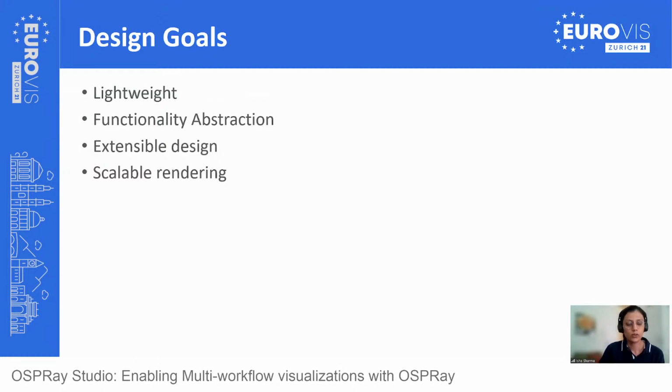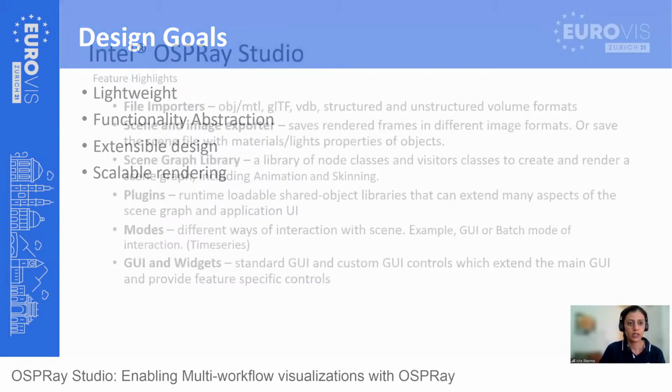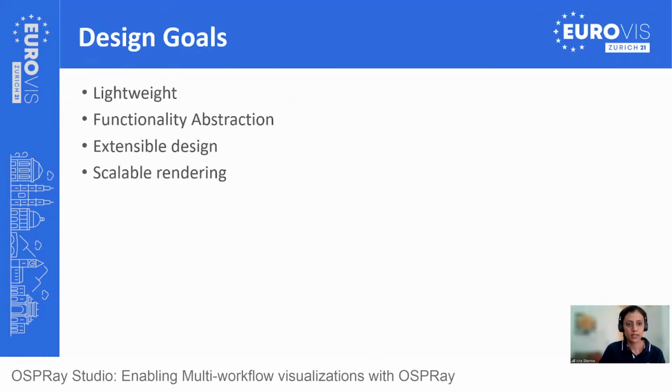Now, the design goals for developing Intel OSPRay Studio are mostly listed here. These were the 4 main design goals. The main core application should be lightweight, and the second design goal mostly is in conjunction with the first design goal.